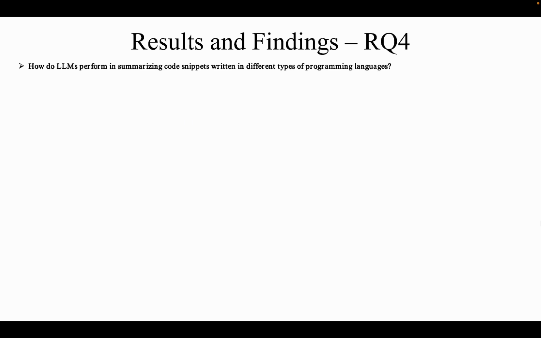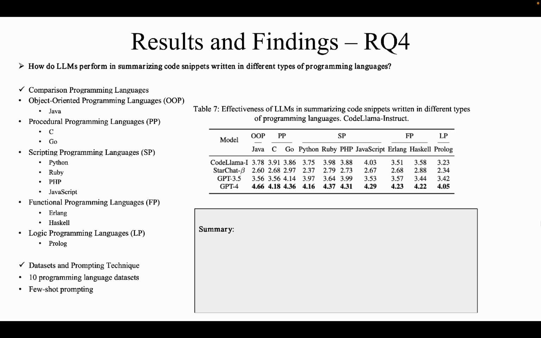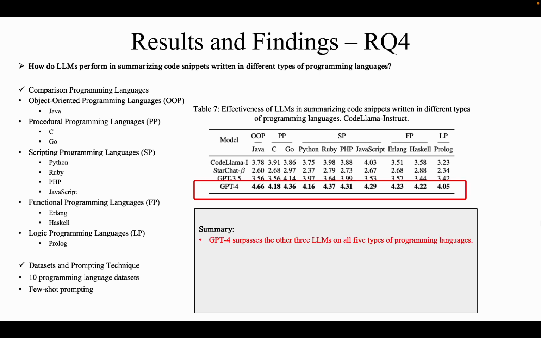And in RQ4, we conduct experiments on 10 programming languages, which can be classified into 5 types. It is observed that GPT-4 surpasses all other 3 models on all 5 types of programming languages, but the programming language of the code will affect the quality of the generated summaries.